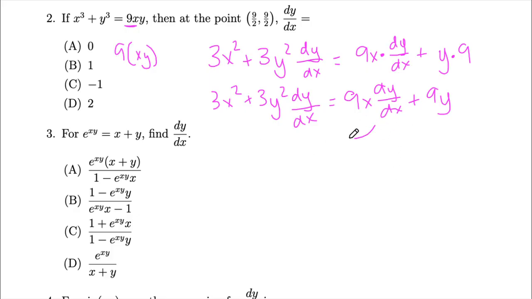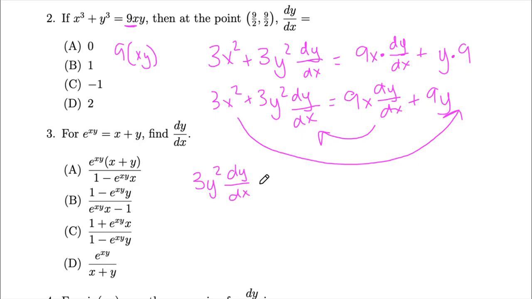So I'm just going to move this one over to the left side by subtracting, and I'm going to move this over to the right side by subtracting. So I'm going to get 3y squared dy/dx minus 9x dy/dx is equal to 9y minus 3x squared.